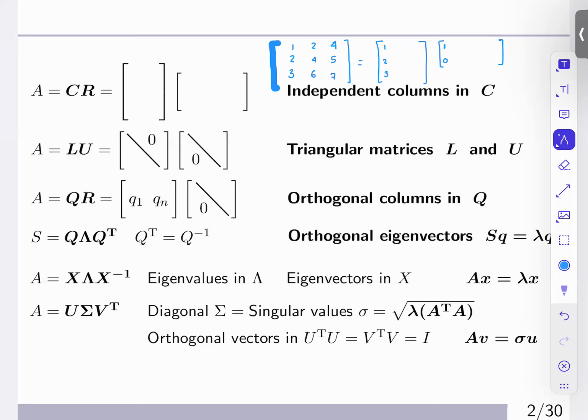Then the second is 2 times the first, so basically 2 times the first, 0, and then 1, 0. And then this is going to be again 4, 5, 7.